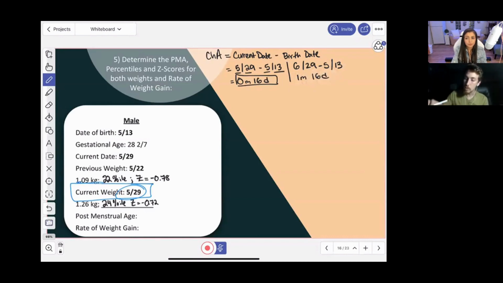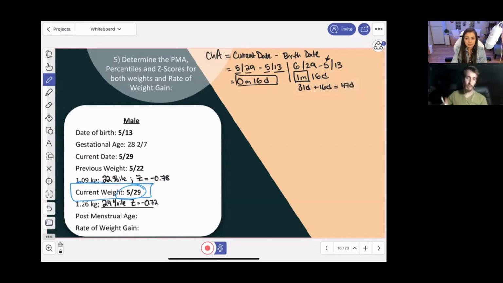The way we would get this age into days is take this month and determine how many days on the calendar are there in this month. What month are we talking about? Well, we're talking about May, because that is the month that they are overlapping. They're going into June. And there are 31 days in May. It's going to be 31 days plus 16 days for a total of 47 days.